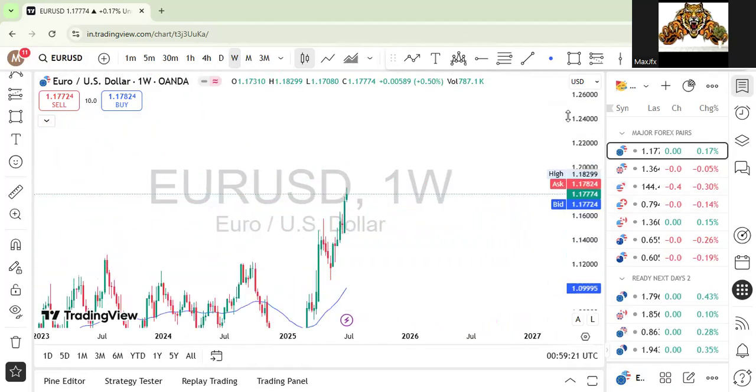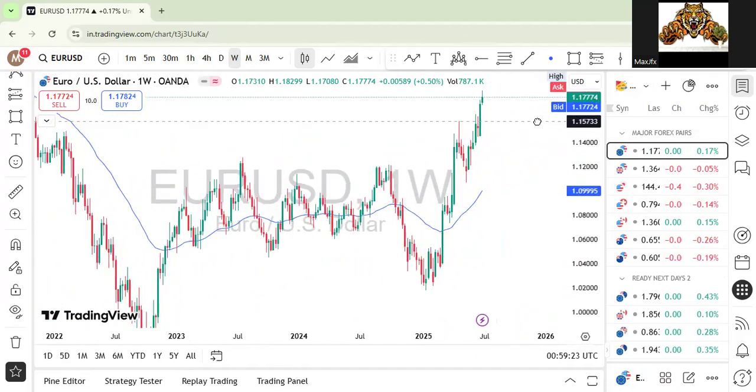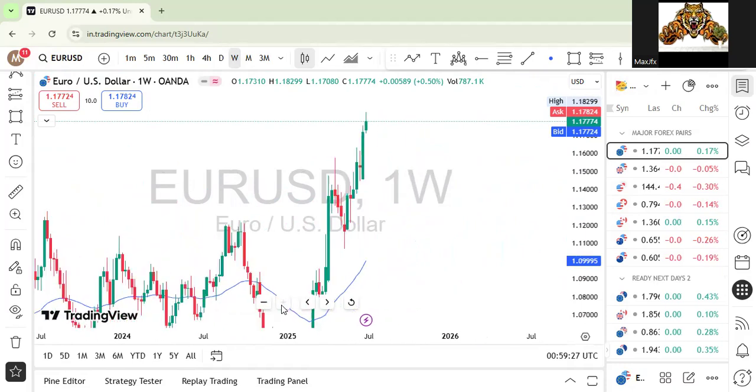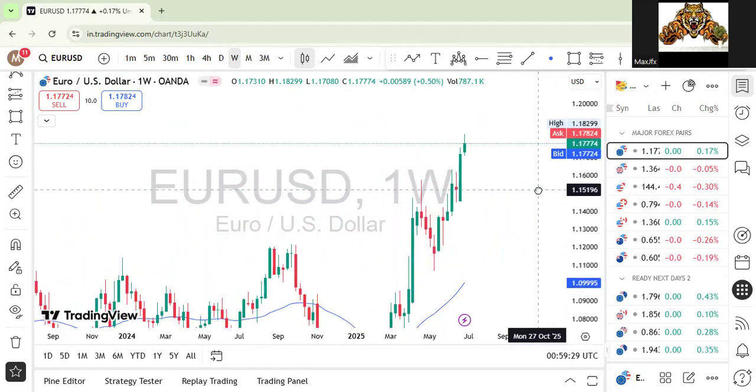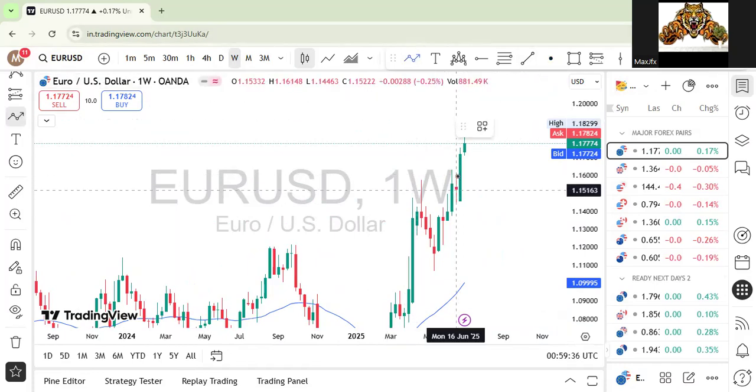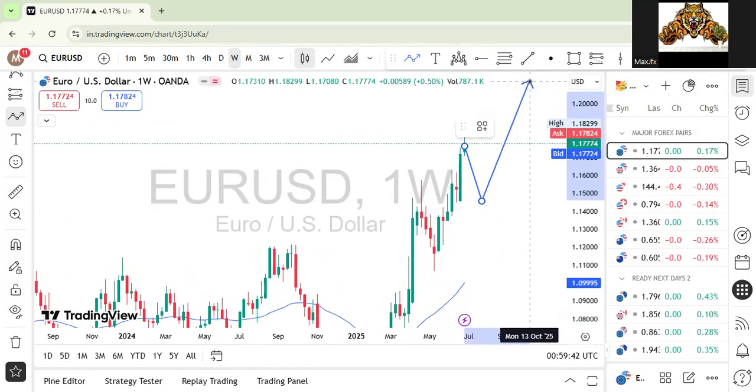But currently, because it's an uptrend, we are going to look for zones. It's an uptrend on the USD, so it has made a higher high. So we're expecting this lower high right here before it takes the move again to the upside, if the trend will continue.